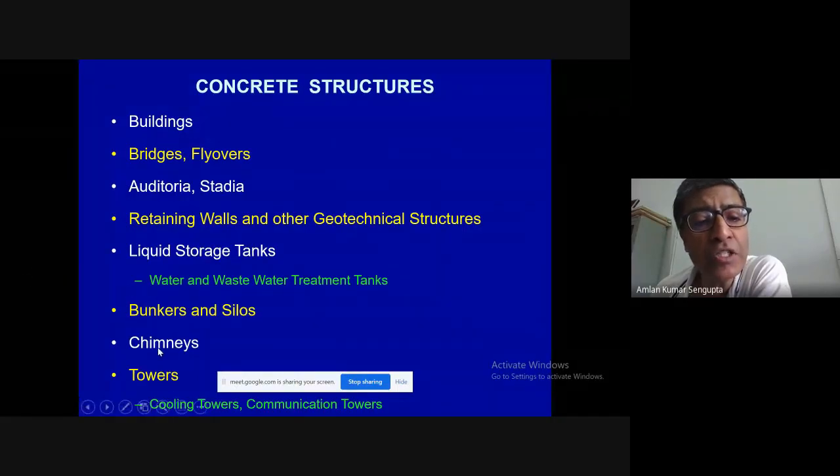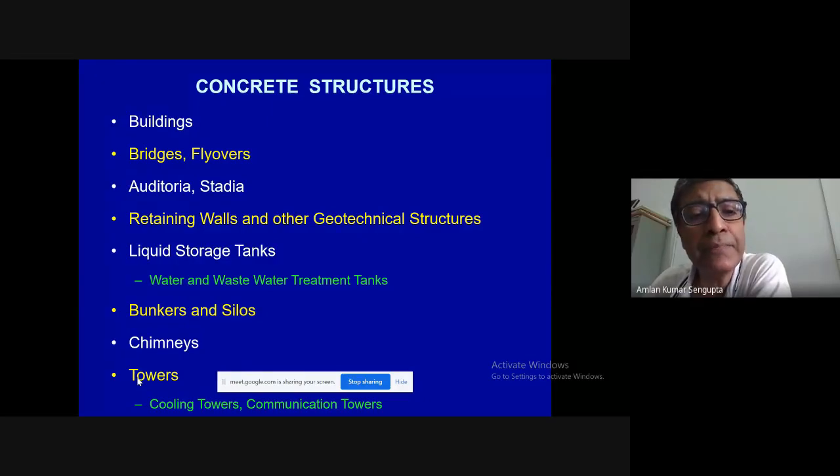Chimneys are very tall structures for the exhaust of gases. And then there can be different types of towers, like cooling towers and communication towers. Now we are going to see a few photographs from our country to get a feel of these structures.